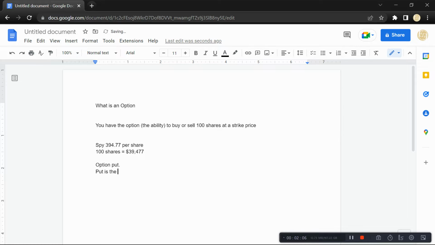So I'm going to buy an option put, and a put is the ability to sell 100 shares at the strike price. That's a put. So I have $39,000, right? $394, and I want to protect that, right?